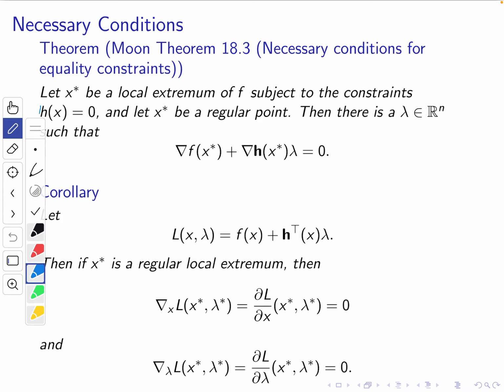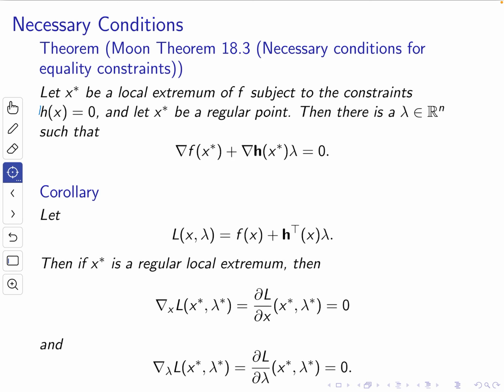This should be a bold h of x. And let x star be a regular point. So again, we're assuming regularity of the constraints. Then there's some lambda so that the gradient of f plus the gradient of h times lambda is equal to 0. Okay, we've just proved that in the previous argument.